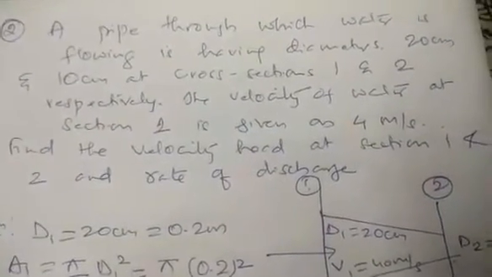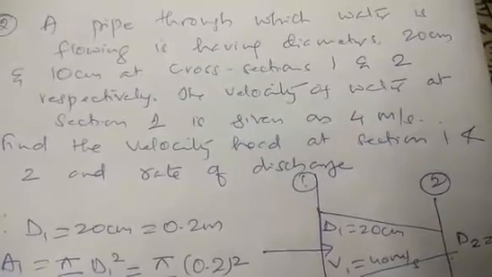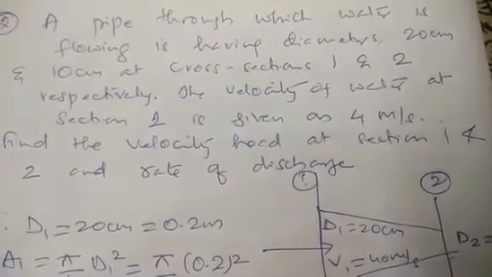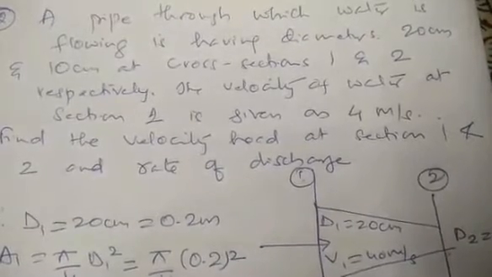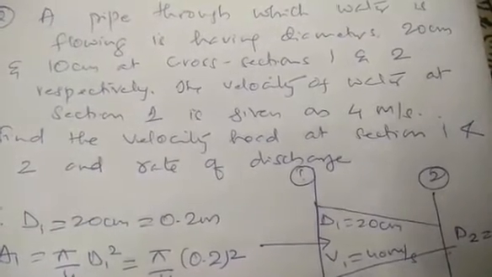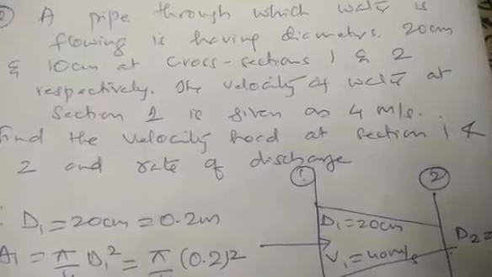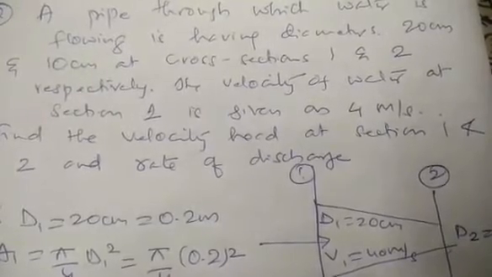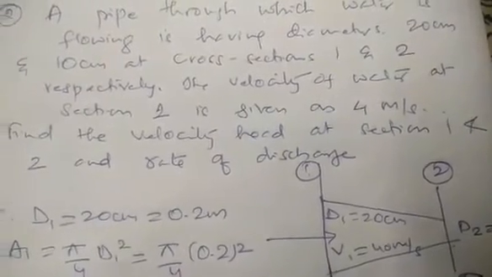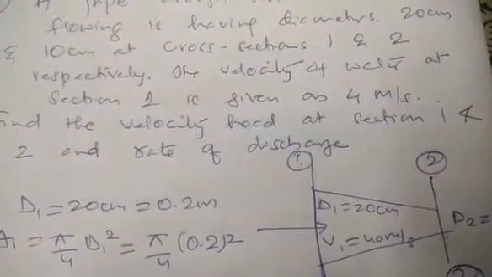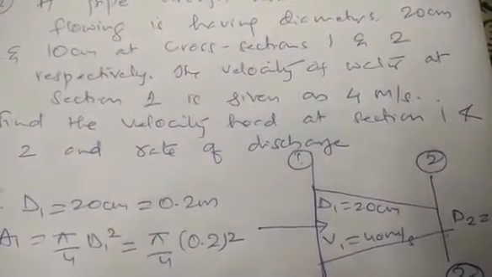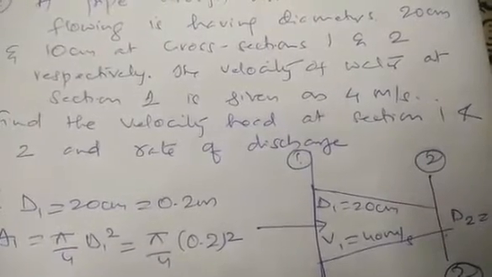A pipe through which water is flowing has diameters 20 centimeter and 10 centimeter at cross sections 1 and 2 respectively. So section 1 has a 20 centimeter diameter and section 2 has a diameter of 10 centimeter. The velocity of the water at section 1 is given as 4 meter per second.